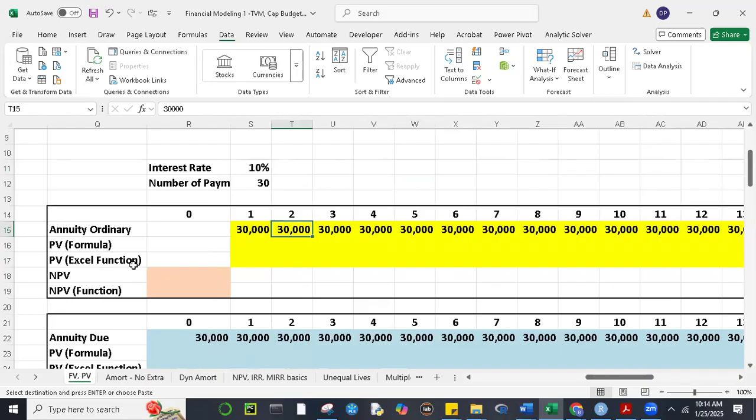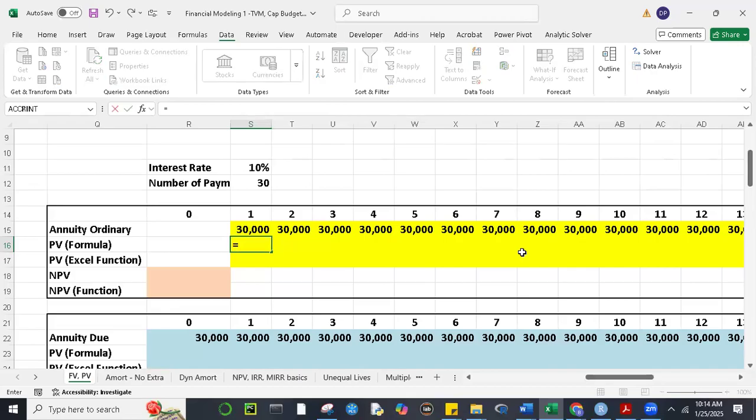Let's compute this, class, using the formula. To get the present value of this one, which is after 1 year, it's equal to your future value divided by 1 plus your rate. So we can fix this.